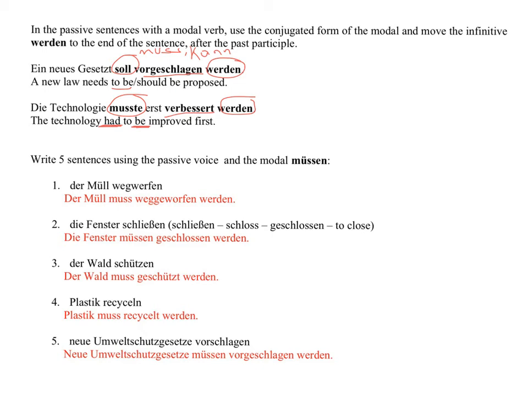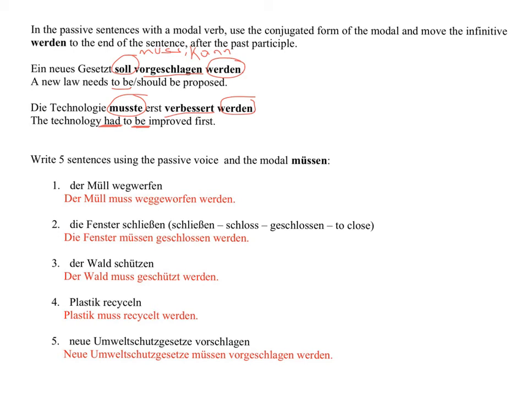Or hypothetically könnte, it could hypothetically first be improved. So it's your choice what tense to use your modal verb in, depending on what you need. As long as you're still using the present tense form of werden at the end, your passive voice is still being present tense.